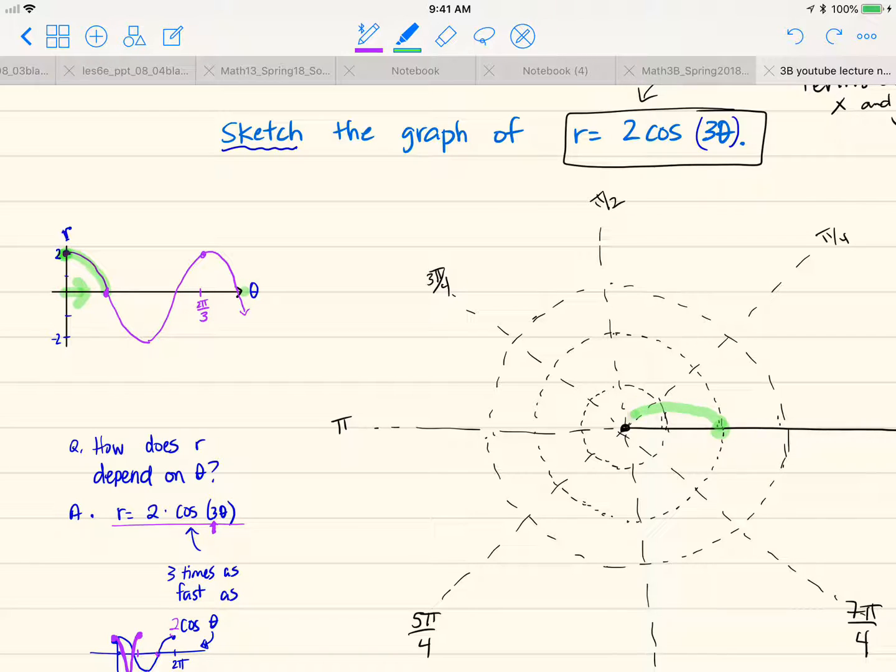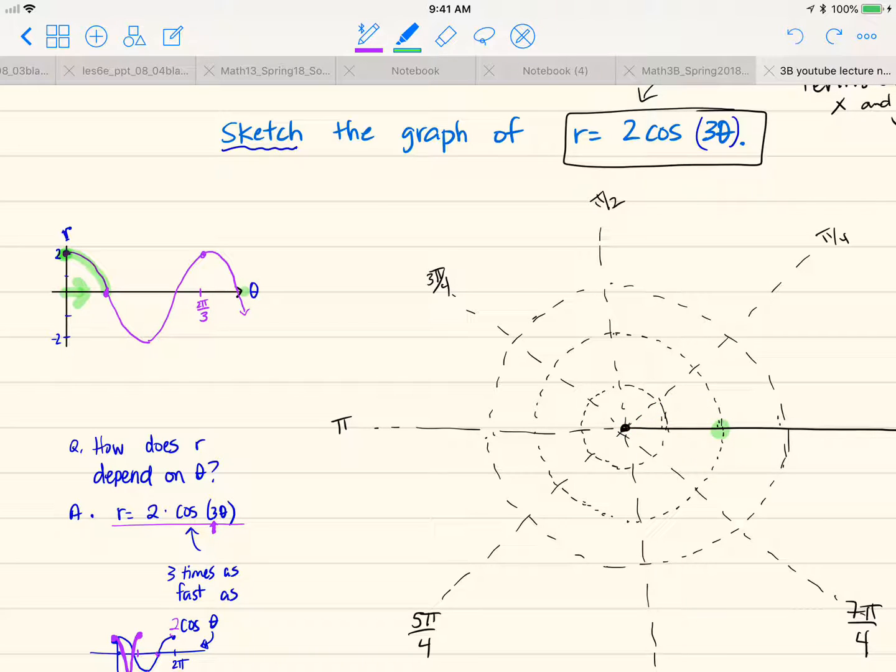So if I end up at 0, that means I'm back at the pole. Do you see how I did that? Theta is increasing, so I'm moving counterclockwise, but my r is decreasing. So I should be moving counterclockwise and towards the pole. That's how I end up here.